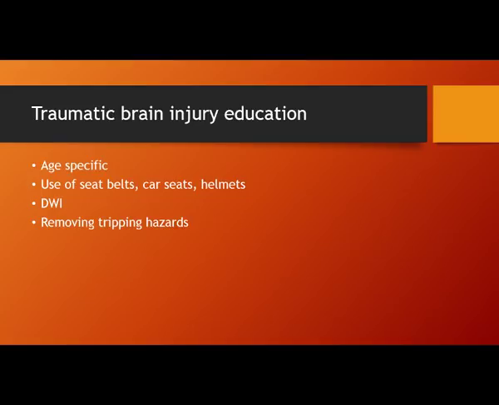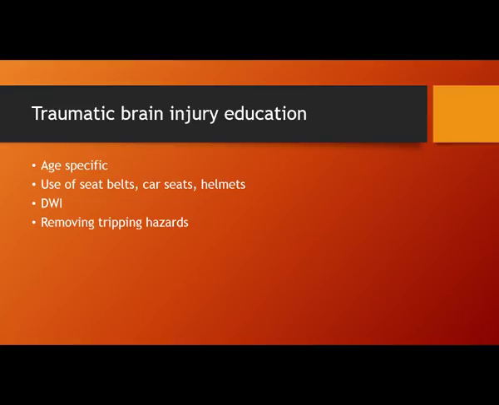Some generalities, you'll want to teach about use of seat belts and also child car seats and helmets, both for sports and for motorcycle, bicycling, and even construction and other areas where you might be subjected to head trauma.